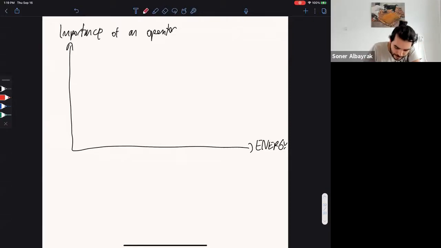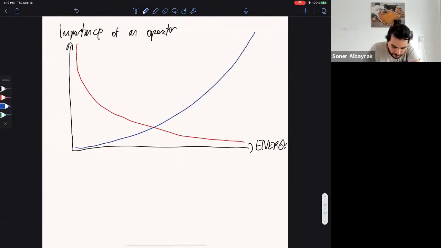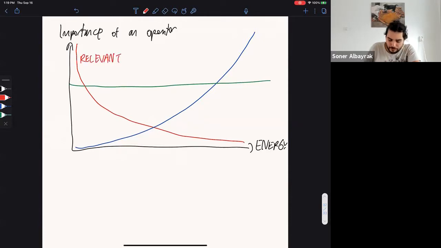Now it may be like this, or like this, or like this. This is a relevant operator. It becomes more and more important at low energies, but its importance diminishes at high energies. This is an irrelevant operator. If you have an irrelevant operator, your theory is non-renormalizable, because as you go to higher energies, it will become very important. It will break the theory. But in the IR, you can basically ignore it.